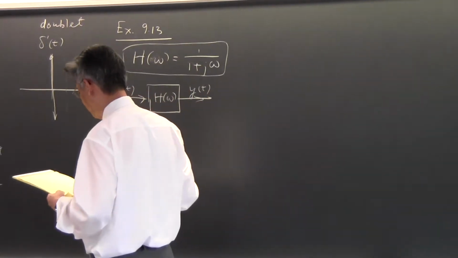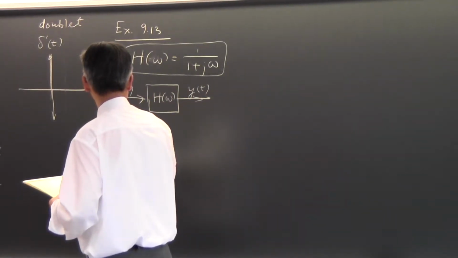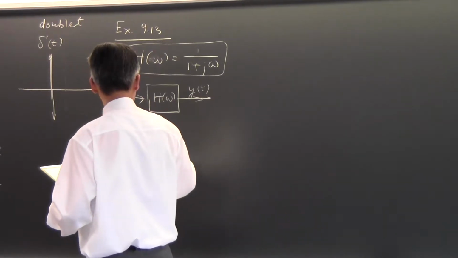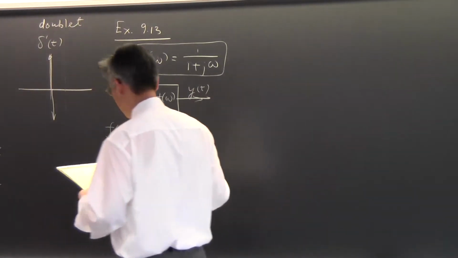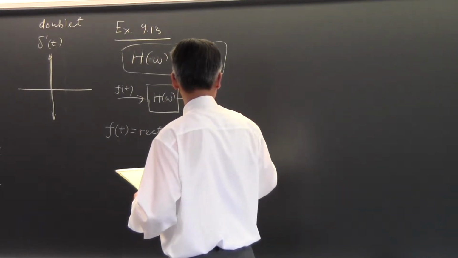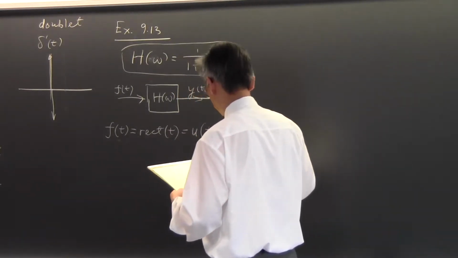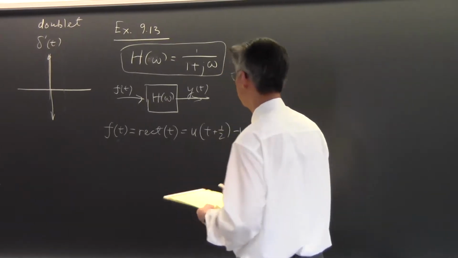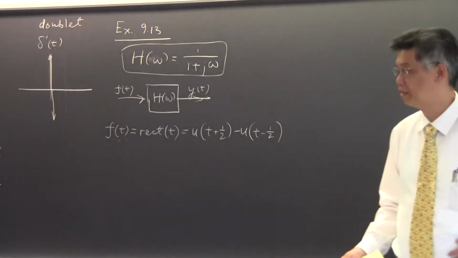The input in this case is taken to be a rect function. Okay, a rect function can be written as the sum of a unit step function minus another unit step function that is shifted. Okay, there's another way to write the rect function.